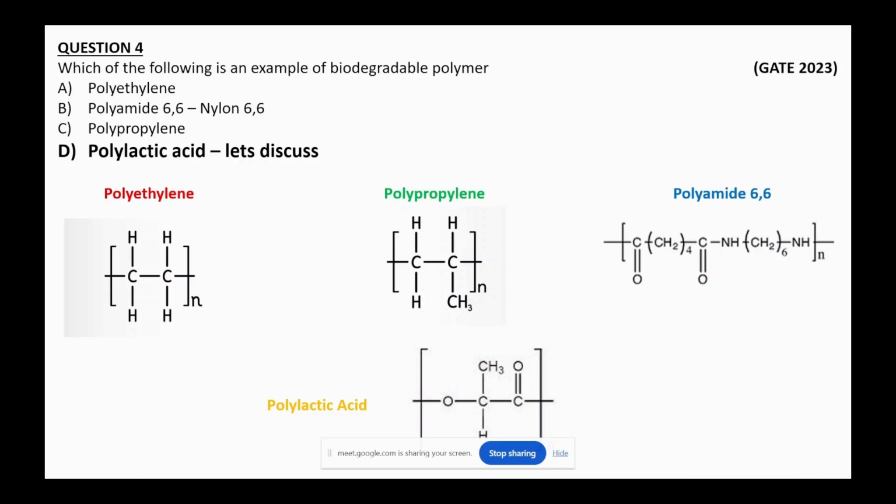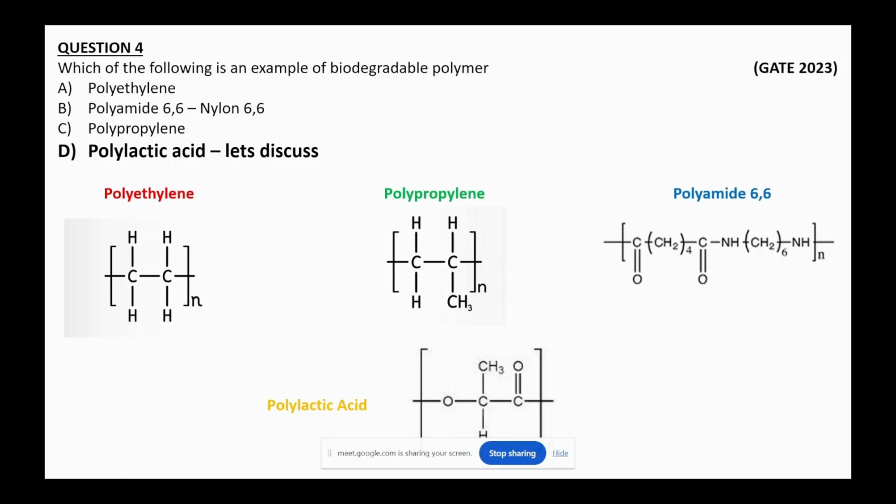So two reasons. One thing is, as you told last class, that it comes from a natural source. Then the second thing is what someone just told right now. The polylactic acid, if you see, has a C double bond O, I mean ester linkages. These esters are susceptible to attack by some sort of an enzyme or the bacteria present in the environment, like lipases or something.